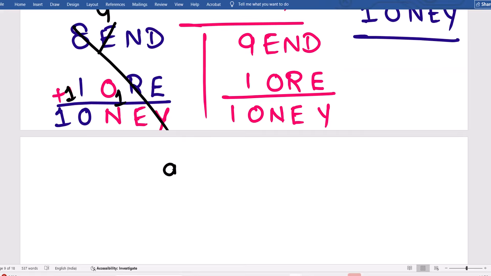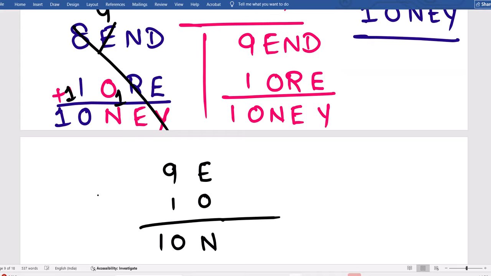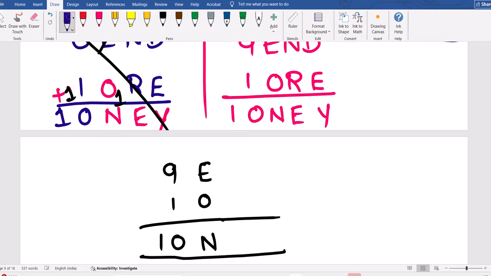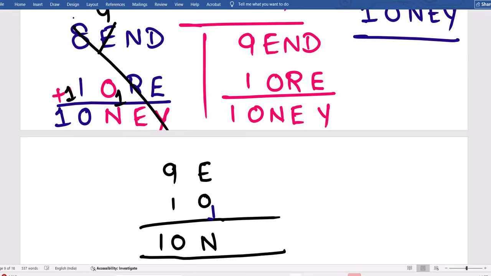What can be done next? 9 plus 1, 10 means there is no carry. E plus 0 gives N, but here for E plus 0, definitely there should be a carry from previous. Why? If it is E plus 0, it should be E only, right? E plus 0 resulting in N means there is some carry from previous.